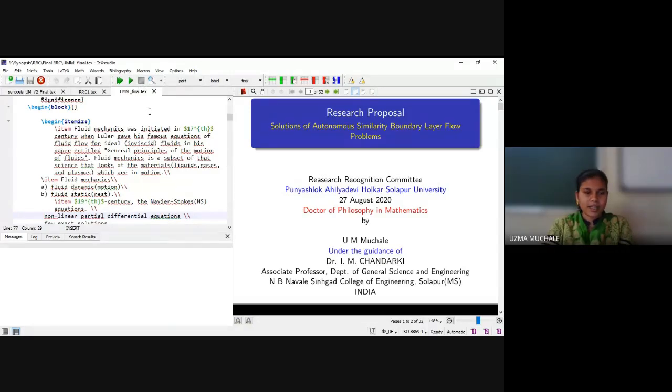Actually, the criterion to be a guide is after completion of a PhD, or after the award of the PhD. When the PhD is awarded to you at the convocation, after 3 years you get guideship. That means ma'am still has to wait for 3 years to get a guideship.